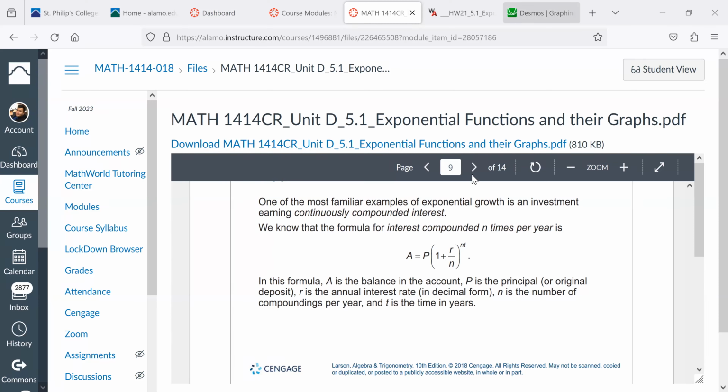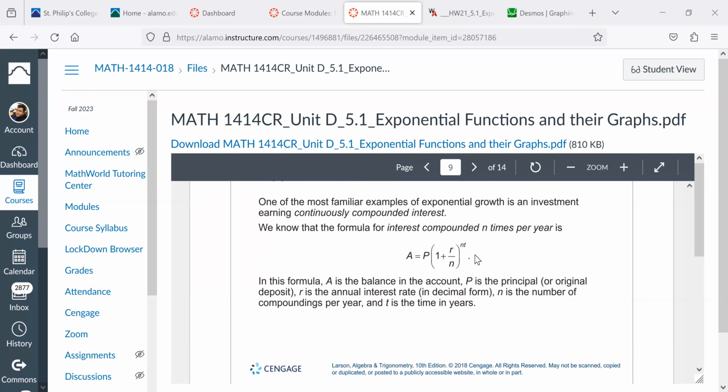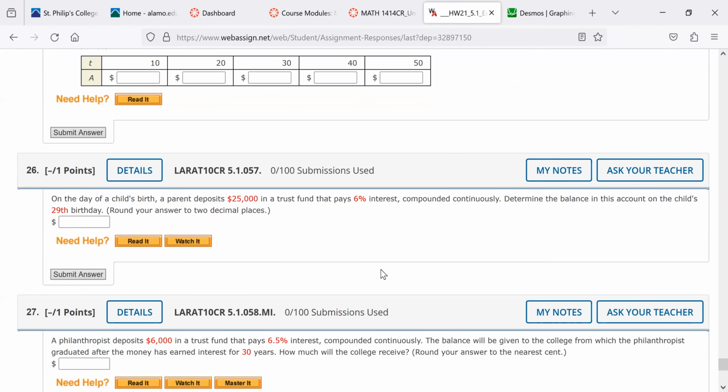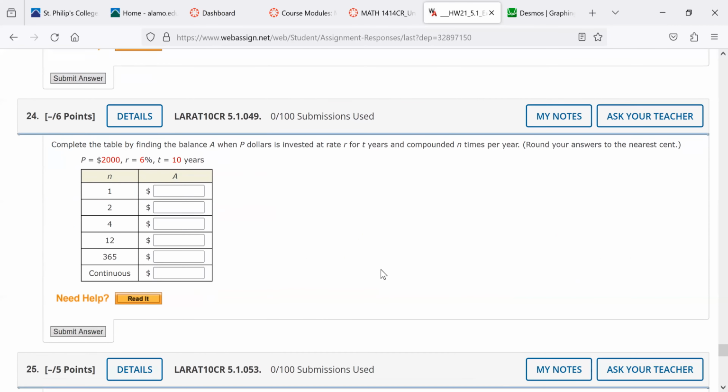R is gonna be, well, let's see if we have it here. So n is 1. So we need to use this formula.